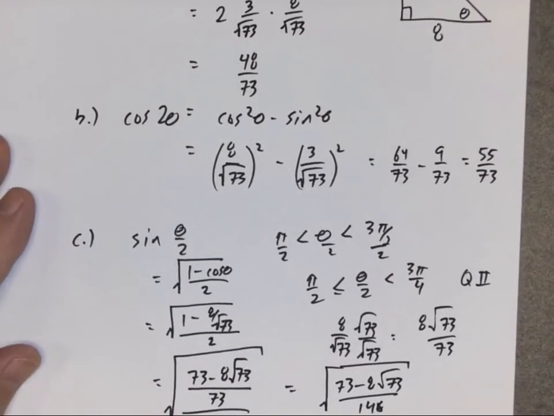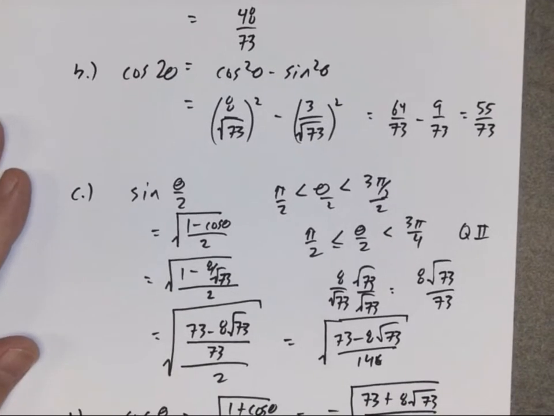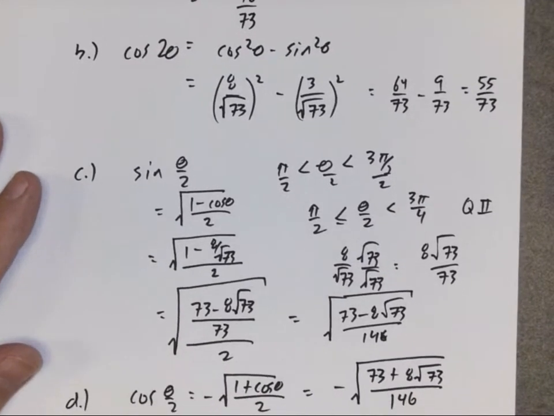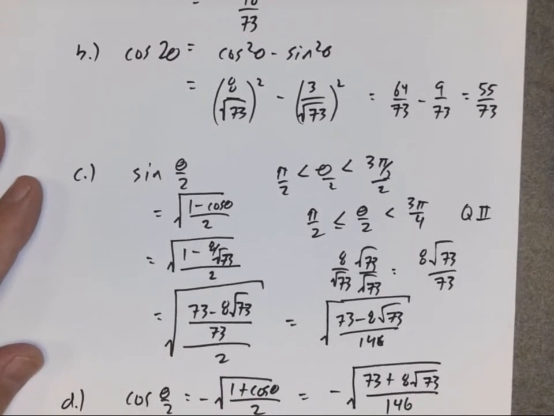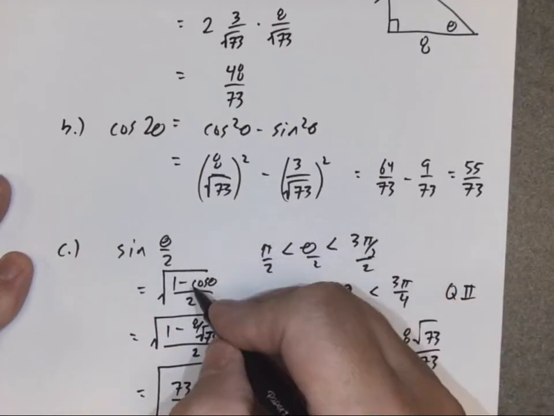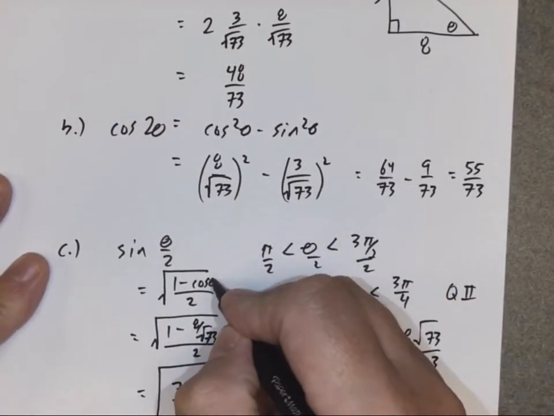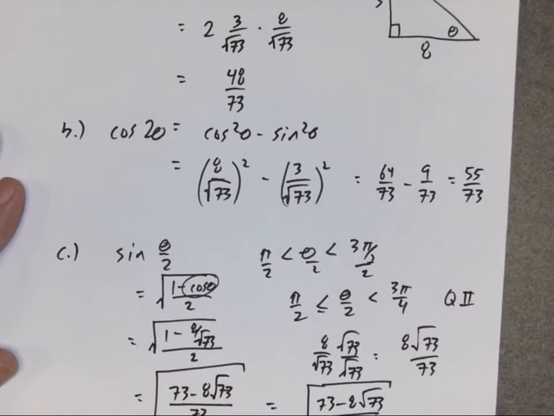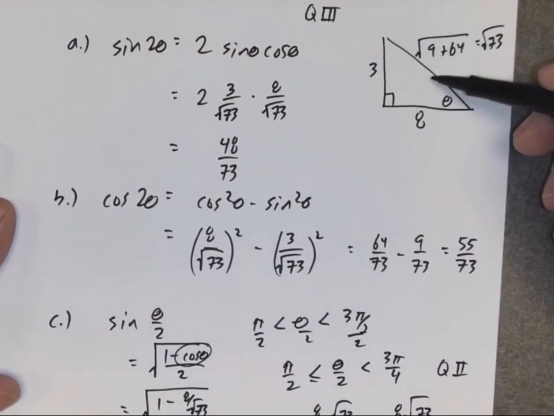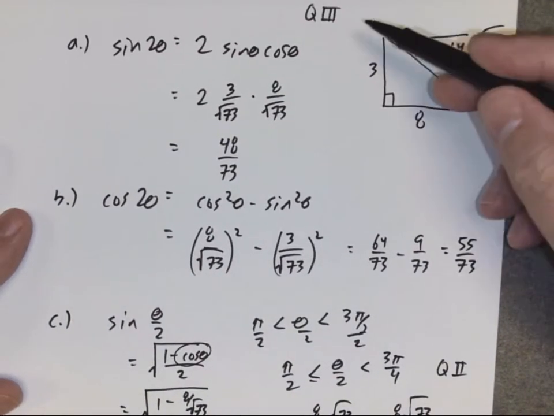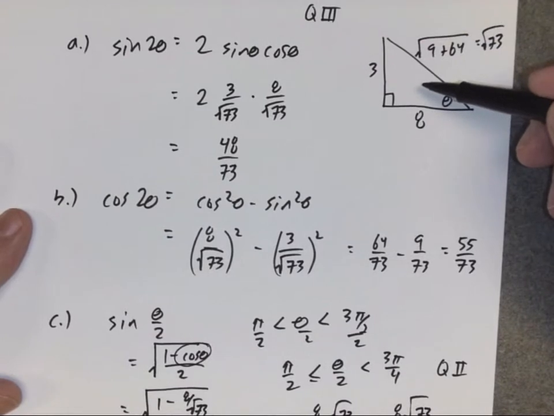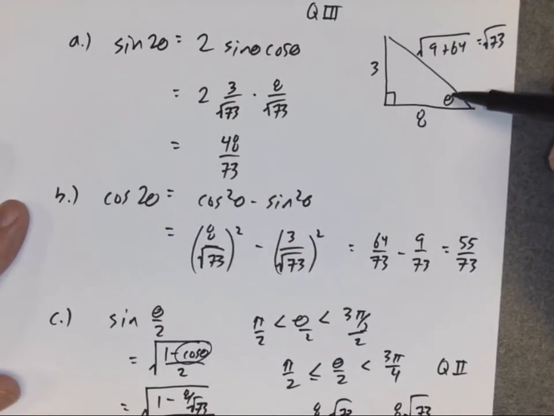Oh, you know, I see I have the answers here, which of course you want on the test, but I made a math error there, which is pretty common. You know what I did? When I plugged in cosine of theta, cosine of theta comes from up here, which is in quadrant 3. And you know what? It should be negative.